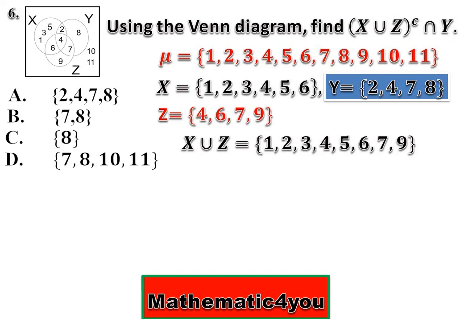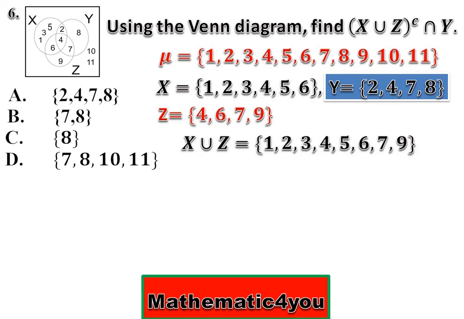Union means you put the elements of set x and set z together. Togetherness, alright? So you're going to put all the elements of set x and set z together. Note, if an element in set x is also in set z, identical elements are not allowed to be repeated.